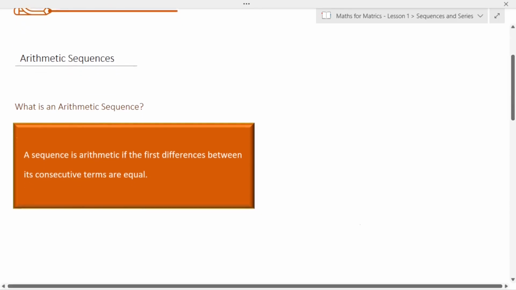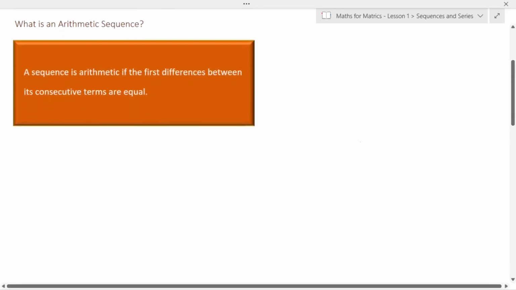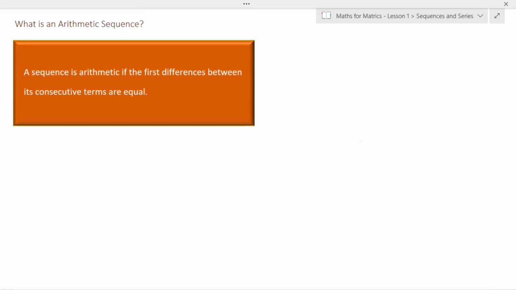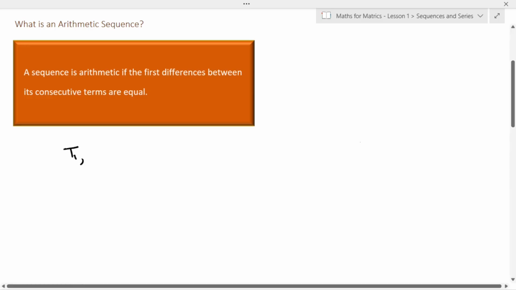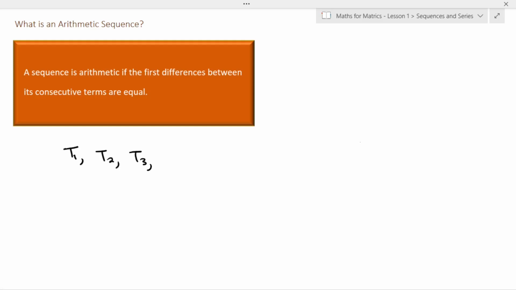So, let's get started. What is an arithmetic sequence? A sequence is arithmetic if the first differences between its consecutive terms are equal. So, what does that mean? Say for instance T1, T2, T3, and T4 are the terms of a sequence.